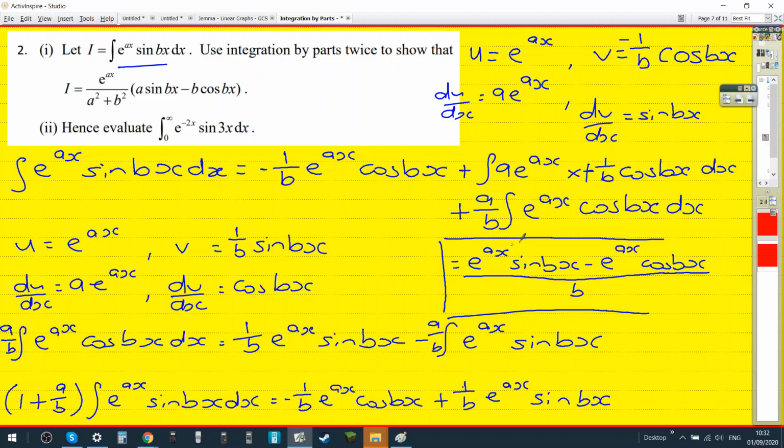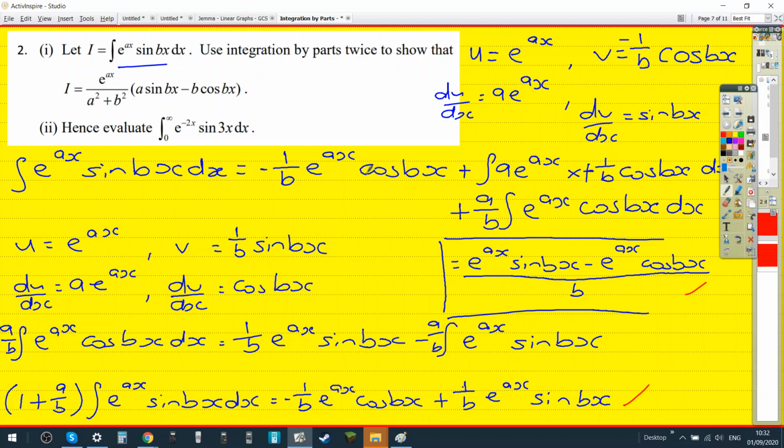I mean, you could even factorize out e to the ax. But in the answer, how did they get a sine bx minus b cos bx? I'll have to look at the answer.